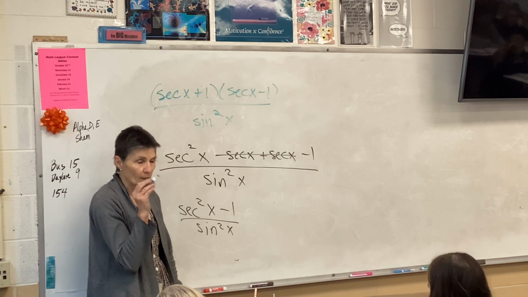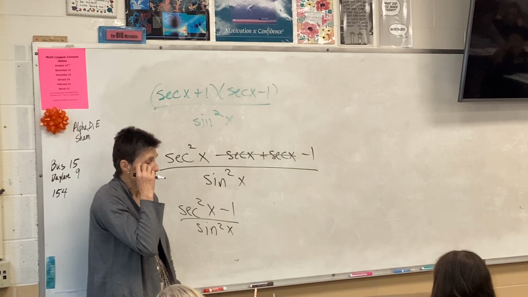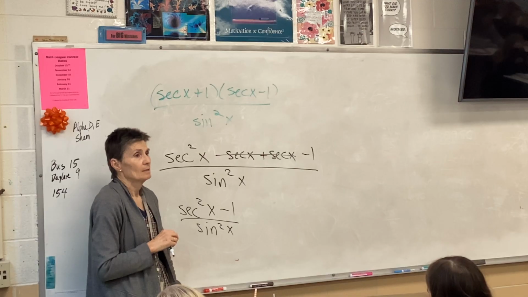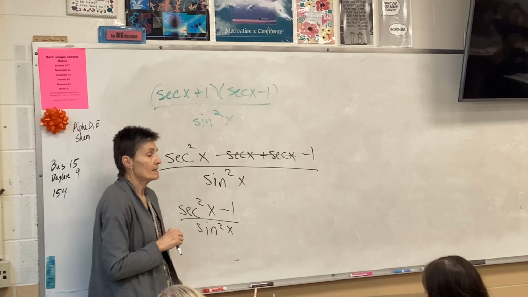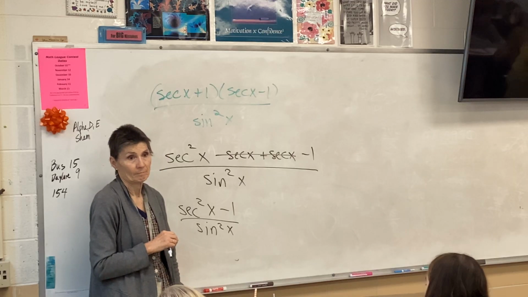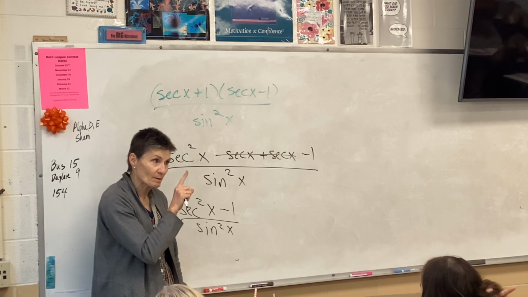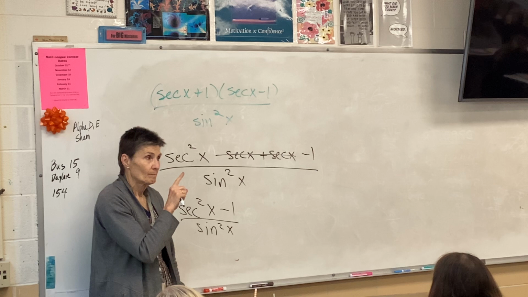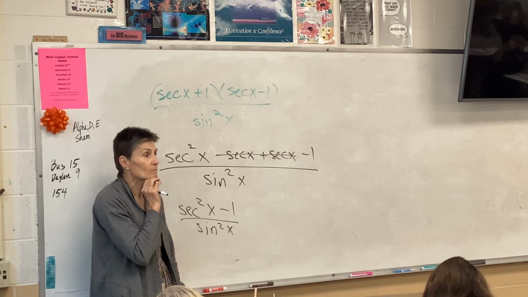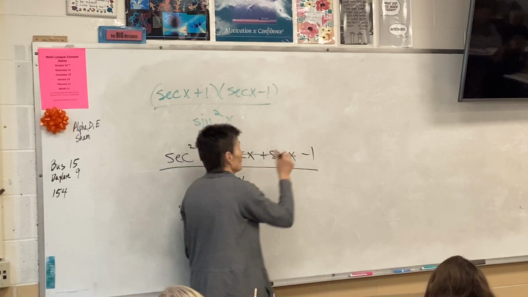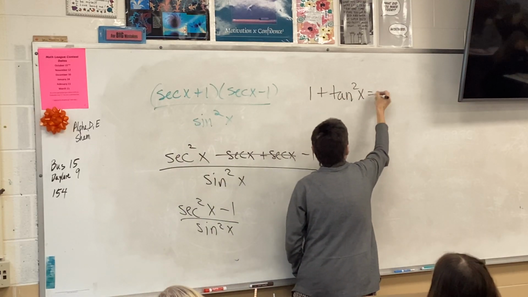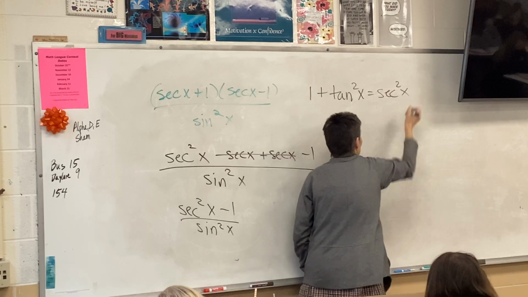So look on your colored sheet. Do you see anything on there that has a secant squared and a 1? Now it might have some other stuff in it too, but it should have a secant squared and a 1 in the same equation. What does it say? 1 plus tangent squared is secant squared.